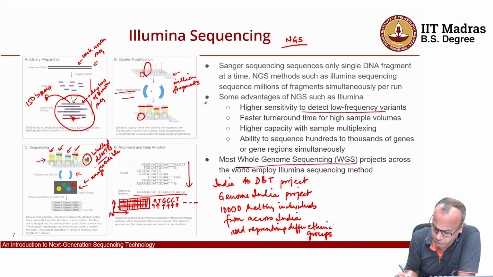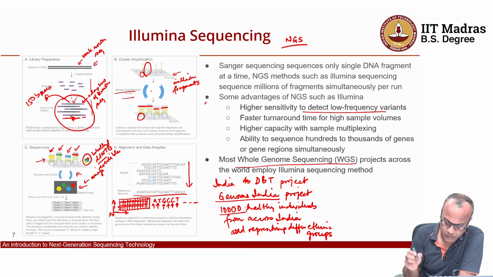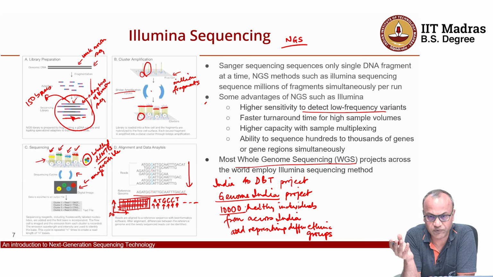So this is a huge project that is being conducted and should finish soon, and this will be one of the first projects where Indian genomes will be available for analysis. And there is quite a lot of excitement about these genomes because the Indian populations are quite unique compared to other populations from, let's say, Europe and US.